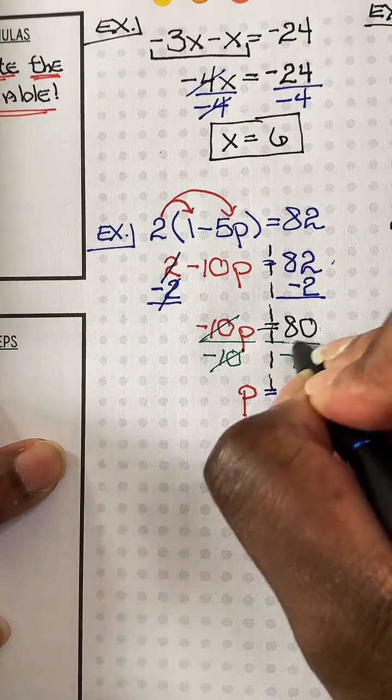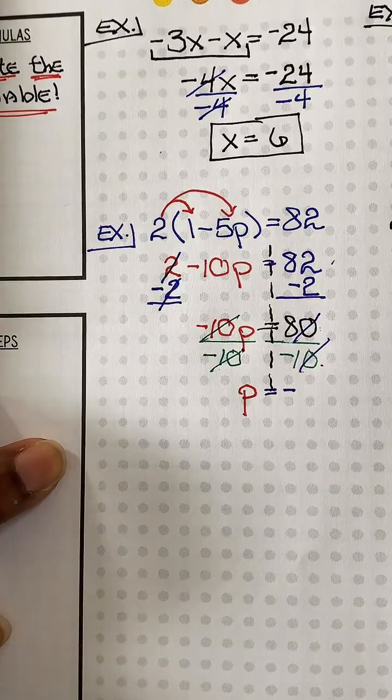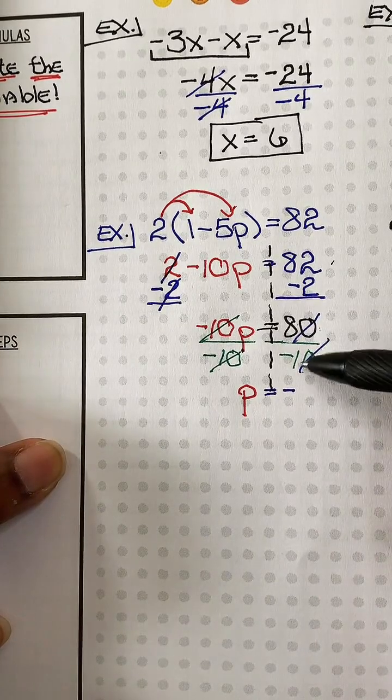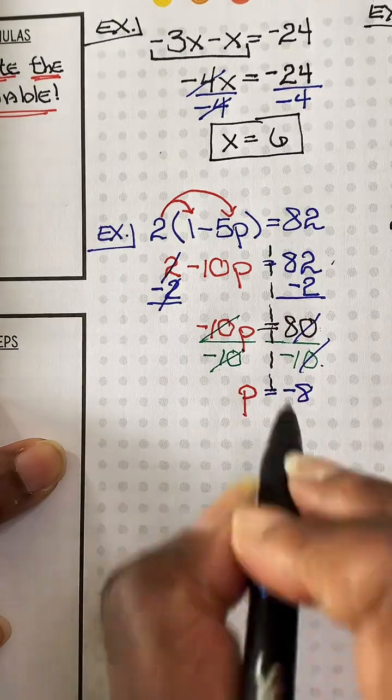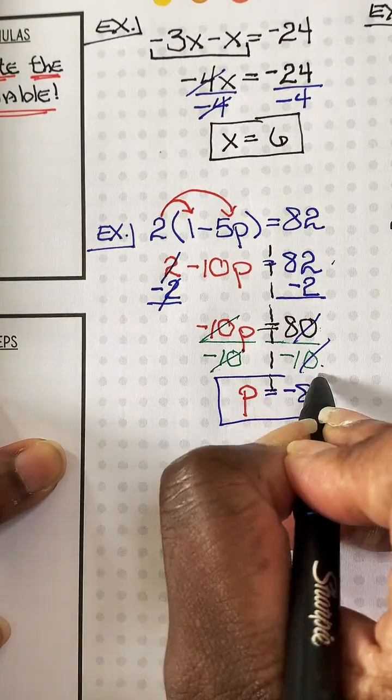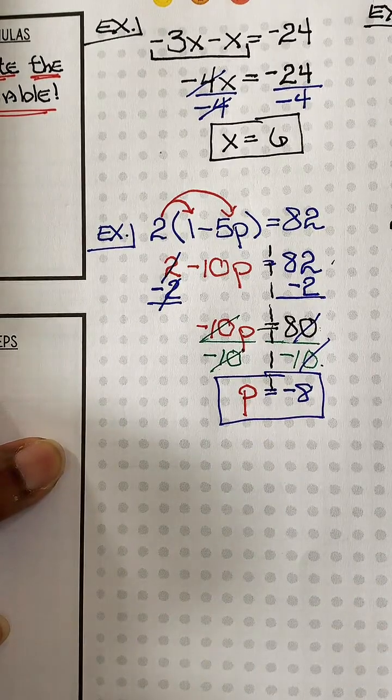Guess what you can do? Cut them things out. So now all you got is 8 divided by 1. That's 8. So your p is equal to -8. That's it.